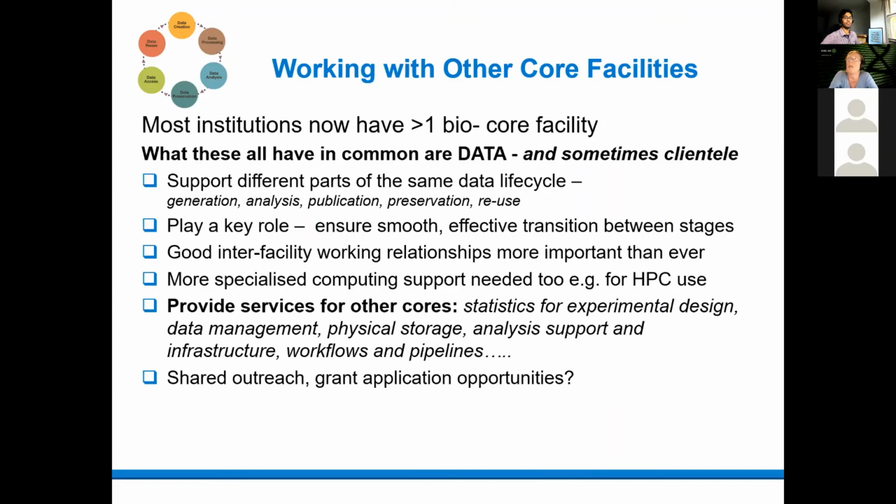That might be statistics to help with experimental design before the experiment is done. It could be data management or offering physical storage. And there's always opportunity for outreach. And sometimes working together with other core facilities can have a huge effect on your funding. If you all work together, there are generally more funding opportunities.